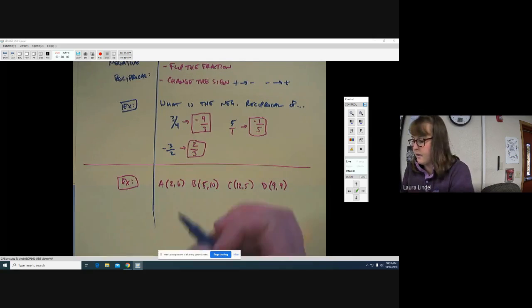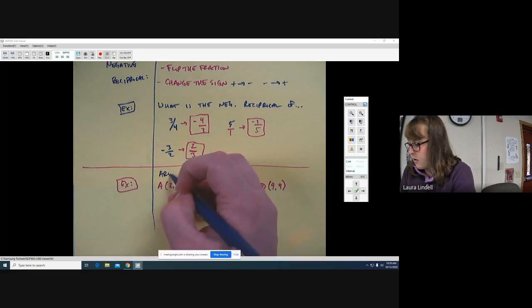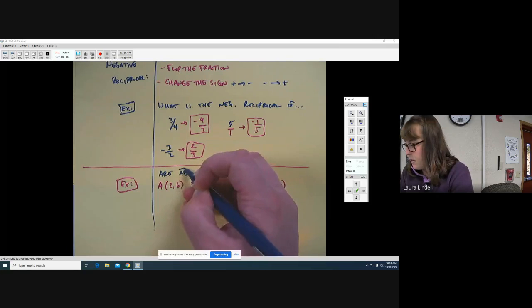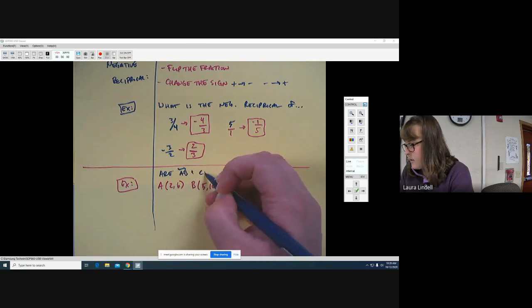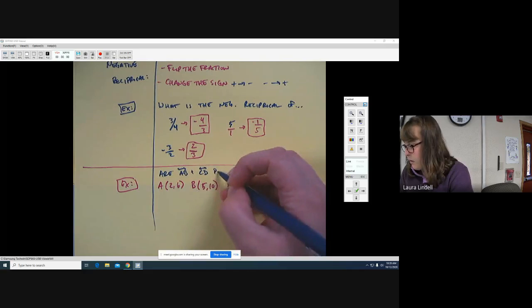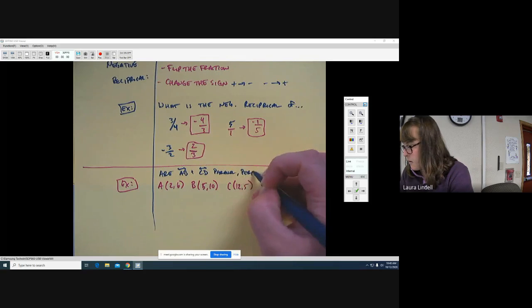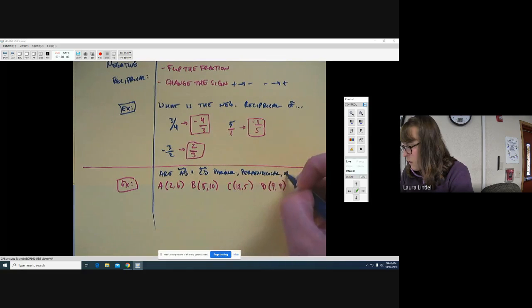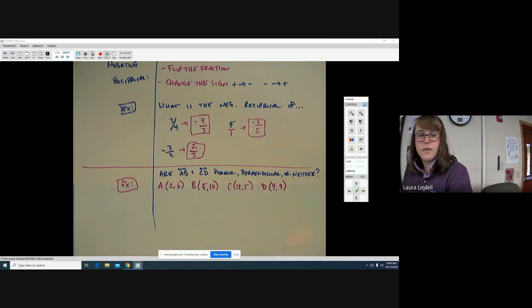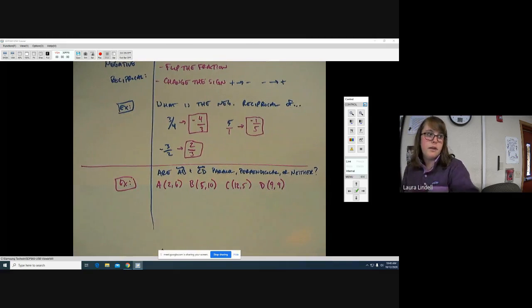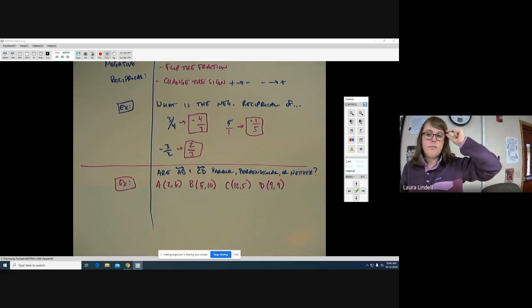And we might be asked, are lines AB and CD parallel, perpendicular, or neither? Parallel, perpendicular, or neither? Okay.